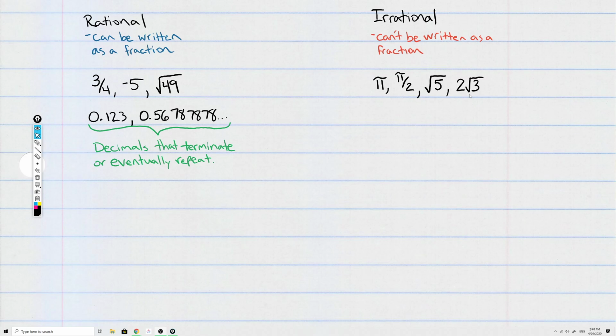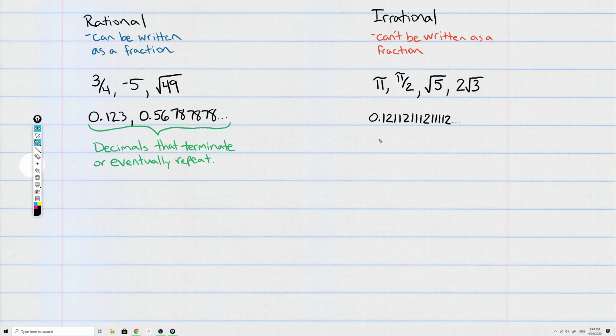Now, before we move on, I have to show you one of my favorite examples of an irrational number. This number, 0.12112111121112 and so on. This is an irrational number as well.